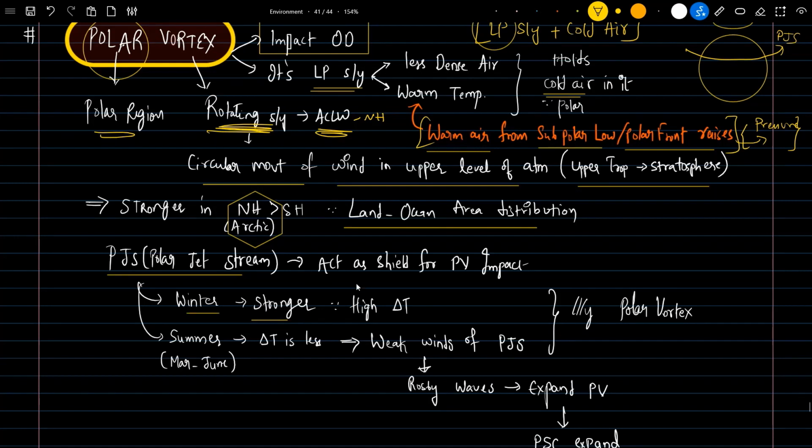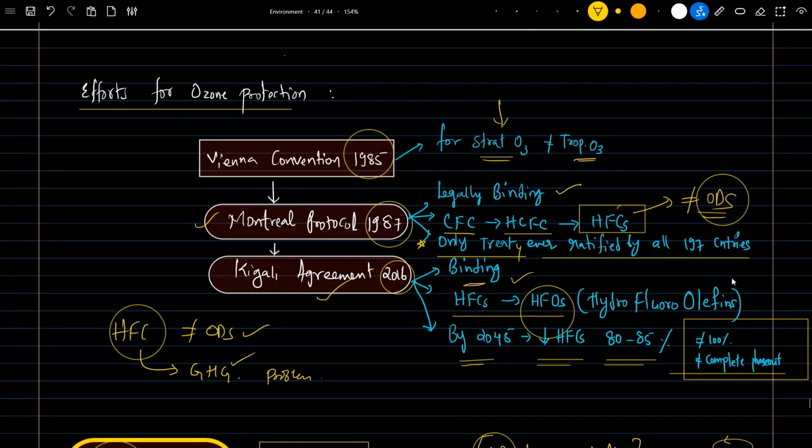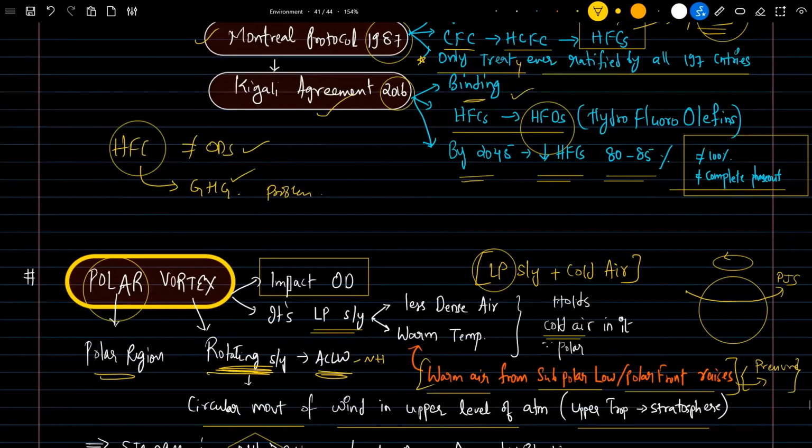Because of the high temperature difference, delta T. In summer, as the temperature difference delta T is less, the winds will be weak, so the polar jet stream is weak. Similarly with the polar vortex. The polar vortex is strong in winter and weak in summer or spring. The simple reason, as I told earlier, is the temperature difference.